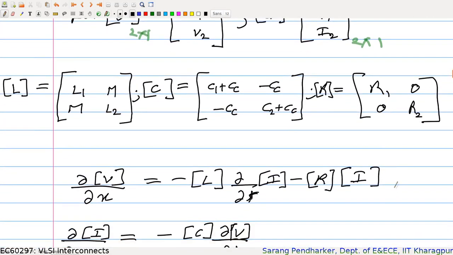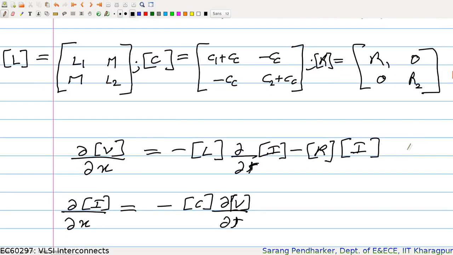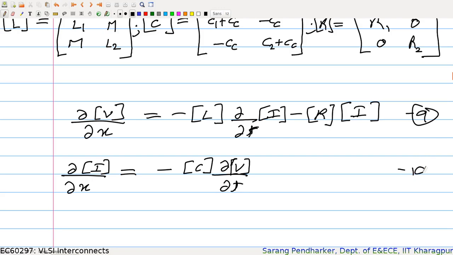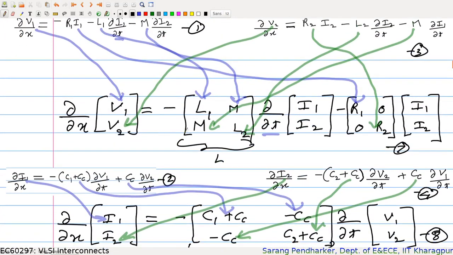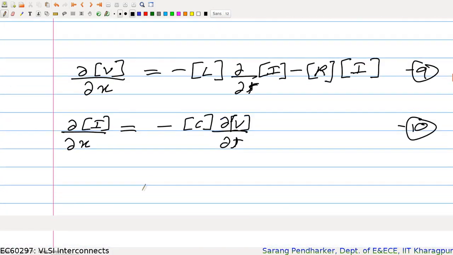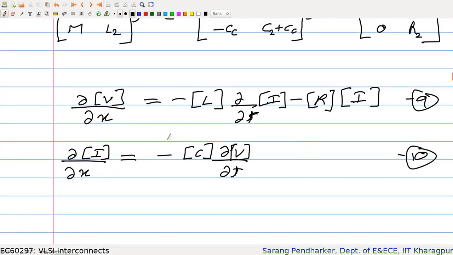So then I can write these equations in a very compact way. This is equation 9. This entire equation is represented here, and this is my voltage equation, and this is my current equation.